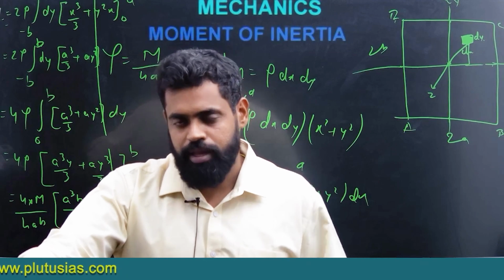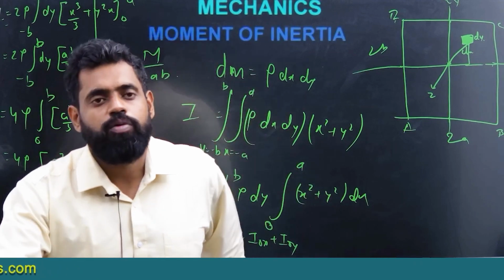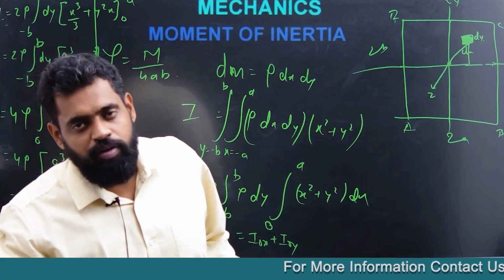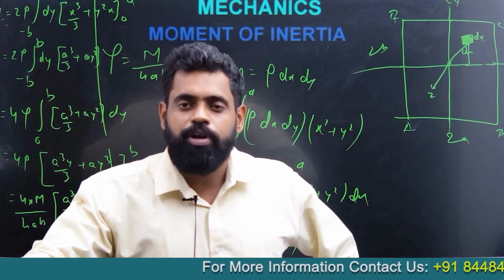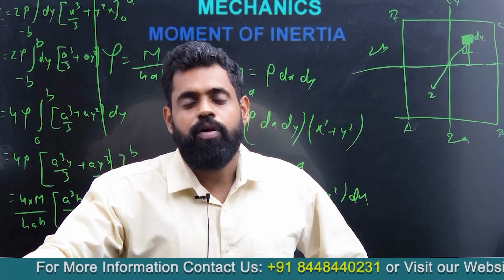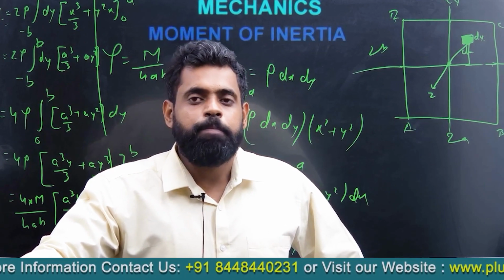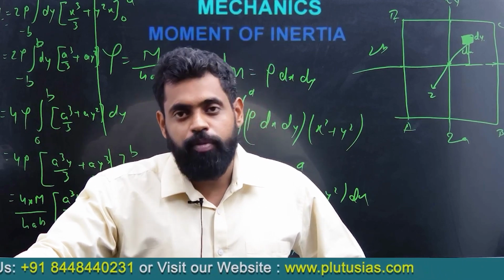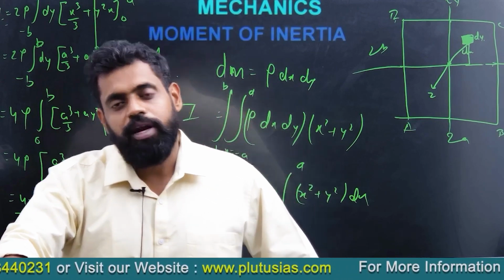So I'll teach you how to calculate the moment of inertia of each body, and some of the difficult cases also, and also the concept of equimomental surfaces or objects, and the momental ellipsoid. Okay, so I'll teach you all those things.